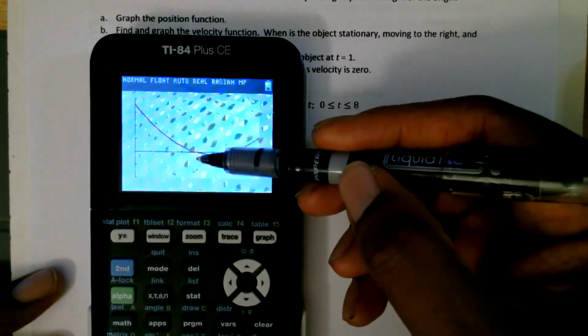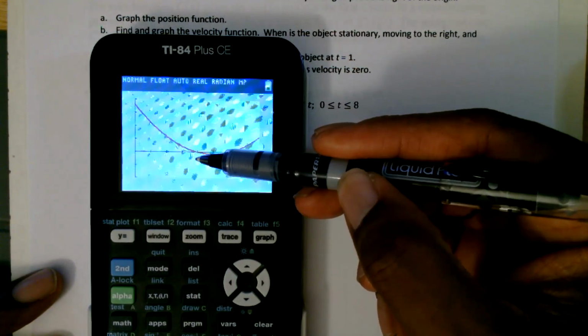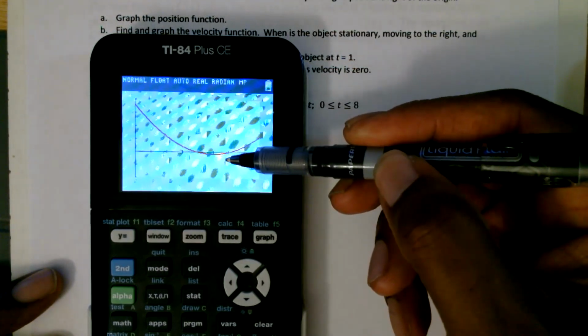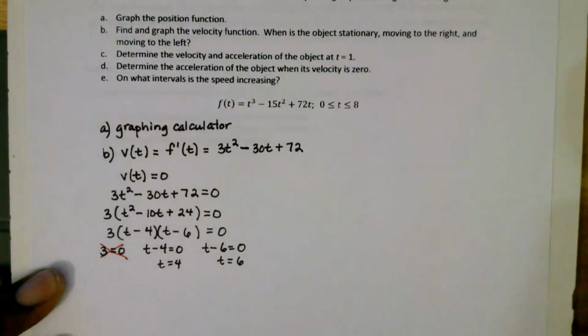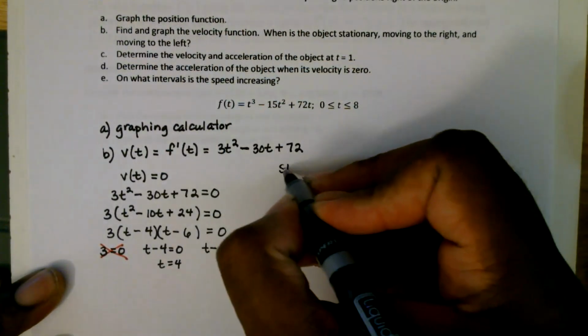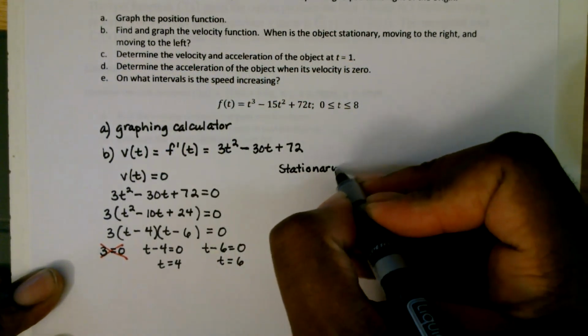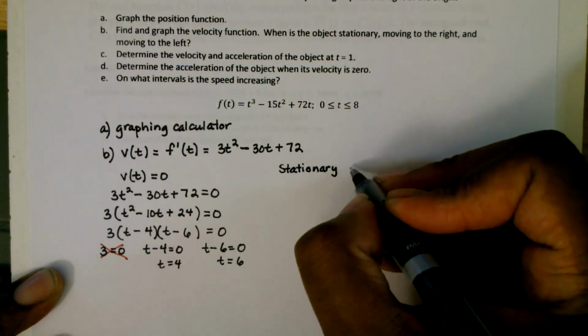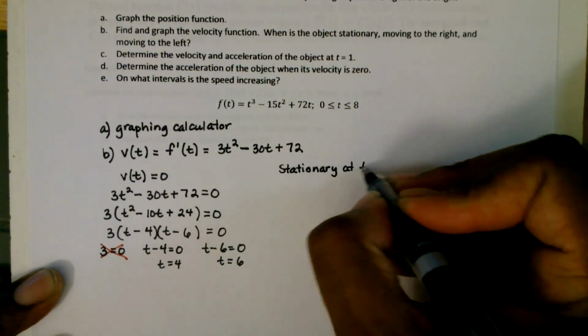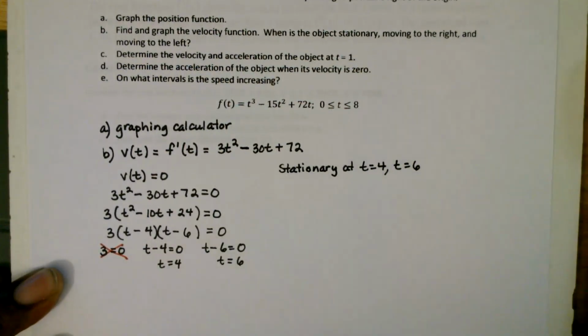Well, the curve is crossing the x-axis at 4 and at 6. So those are the 2 points where the object is stationary. So it's going to be stationary at t is equal to 4 and t is equal to 6.